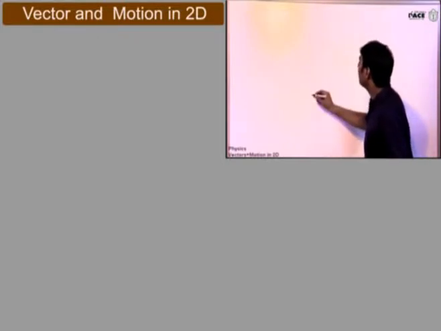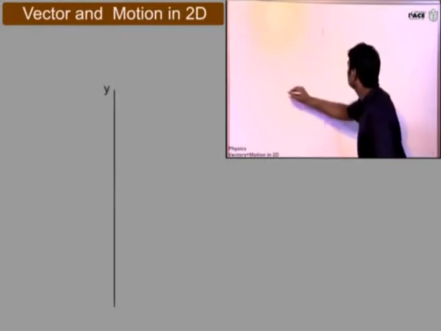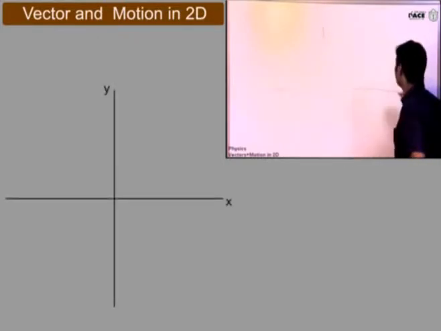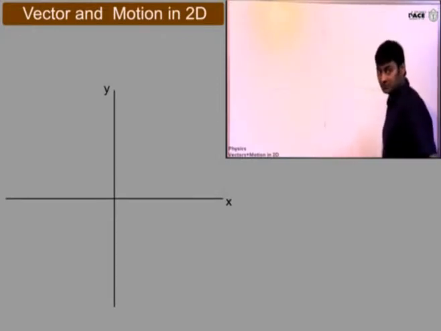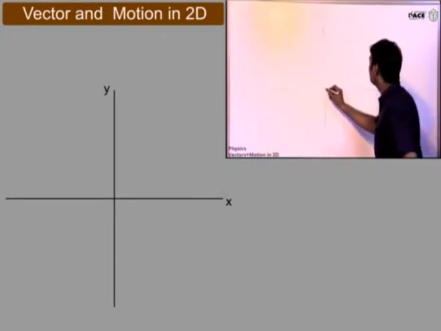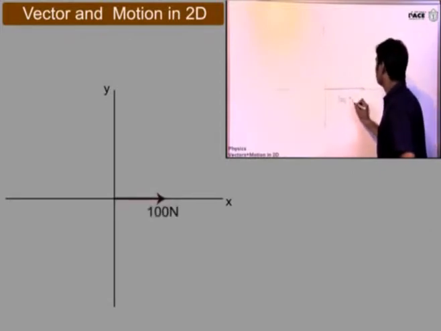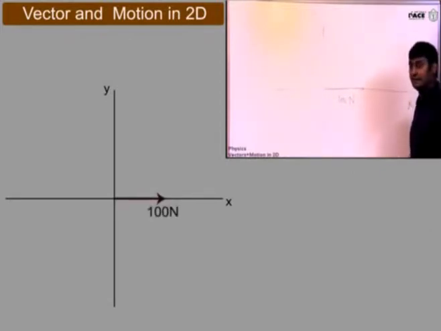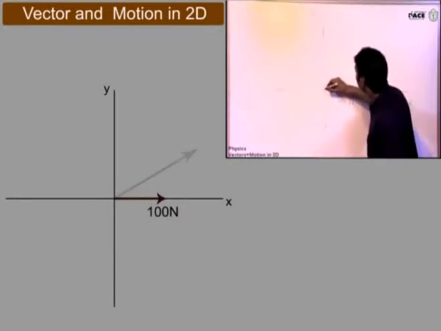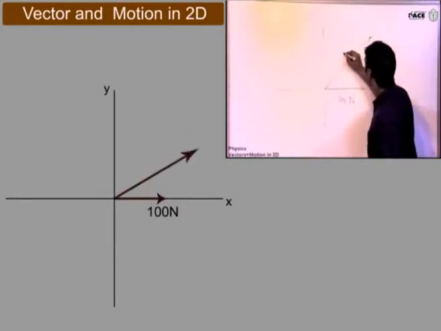Now just see, if I give you vectors, suppose this is x-axis, this is y-axis, and I tell you there is a vector in this direction, 100 Newton force. There is another vector in this direction, 400 Newton force. This angle is 30 degrees.